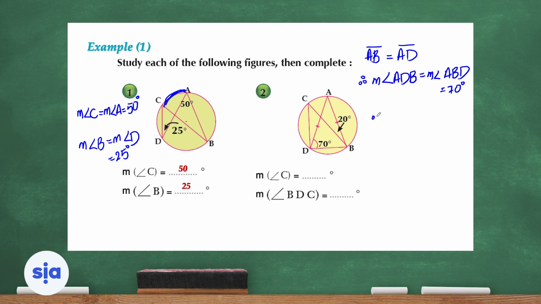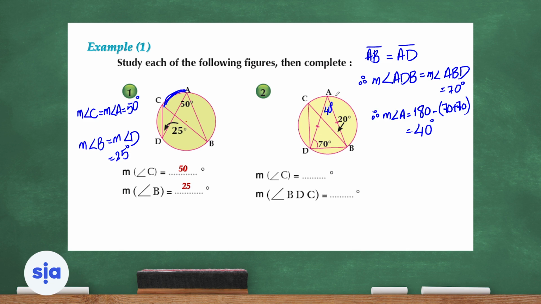Then the measure of angle A equals 180 minus the sum of the two 70s, which is 40 degrees. So here, as you can see, we found angle A as 40 degrees.